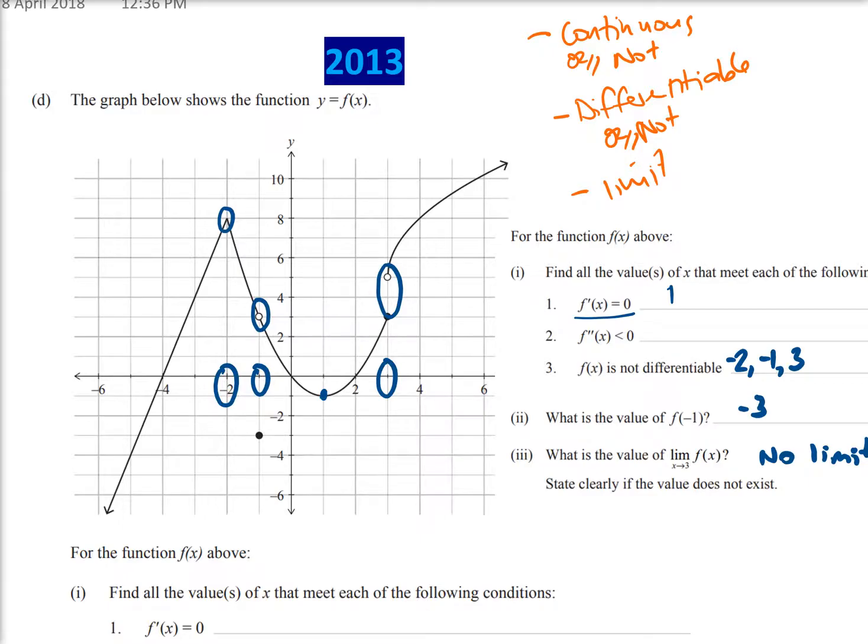And where is f dash dash x less than 0, which suggests a local maximum? It suggests some sort of umbrella. I'm thinking it's this part just here. So we're going to say x is greater than 3. Hopefully that makes sense. Hopefully I got those right to start off with.